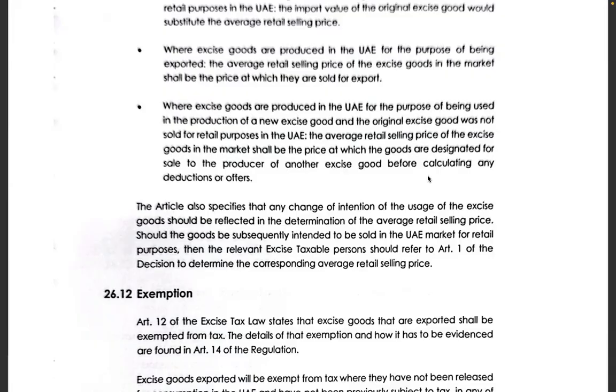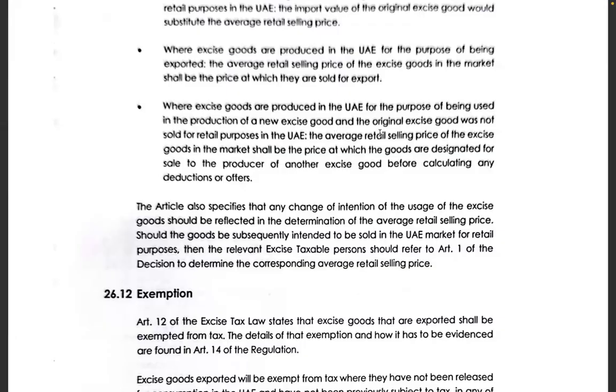So basically, one excise good was about to give rise to another excise good, where excise goods are being produced in the UAE for the purpose of being used in the production of a new excise good, and the original excise goods was not sold for retail purpose in the UAE.